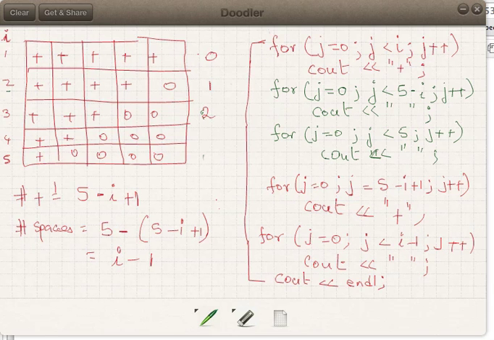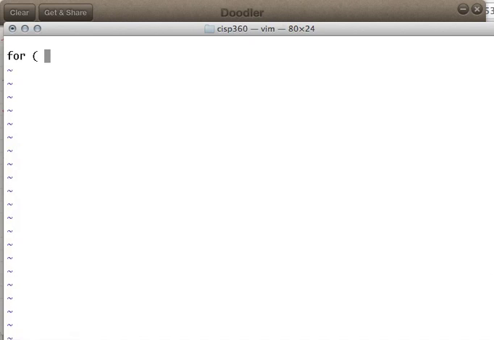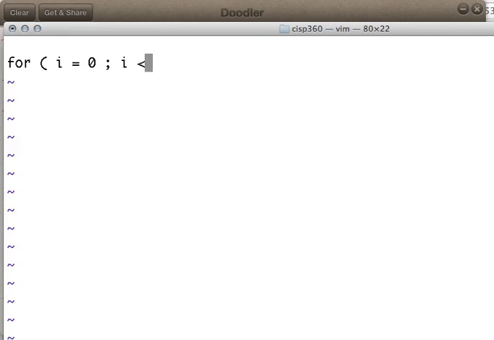For instance, let me take a simple example here. Let me increase this font size. For I equal to 0, I less than 10, I plus plus, here you write all the for loops that we wrote.